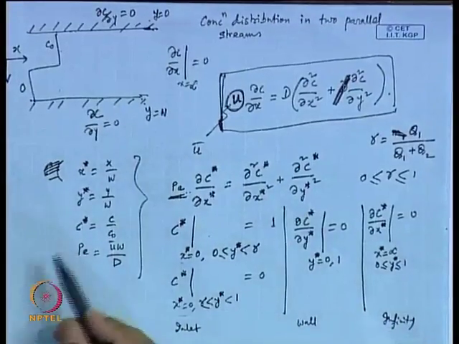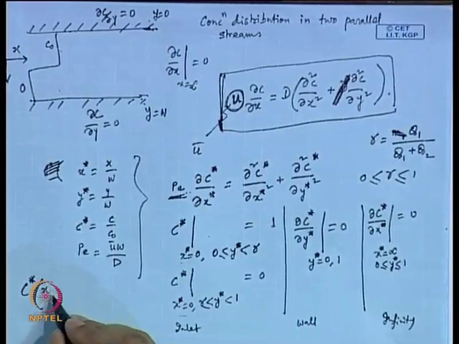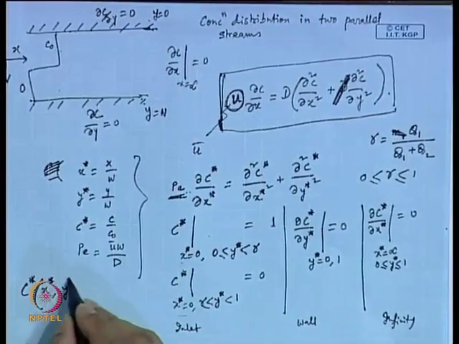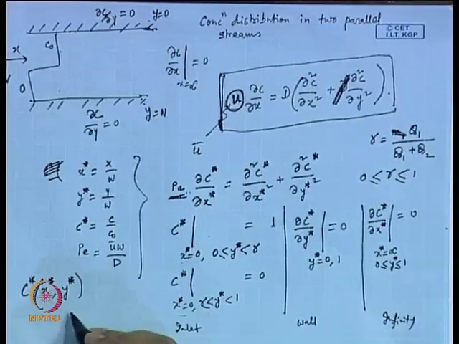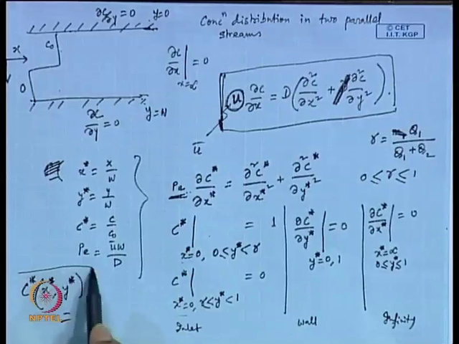Now, let me tell you that if somebody wants to find out what is C star as a function of x star comma y star, this is available. I mean, you can solve this using separation of variables, and you can come up with an analytical expression.